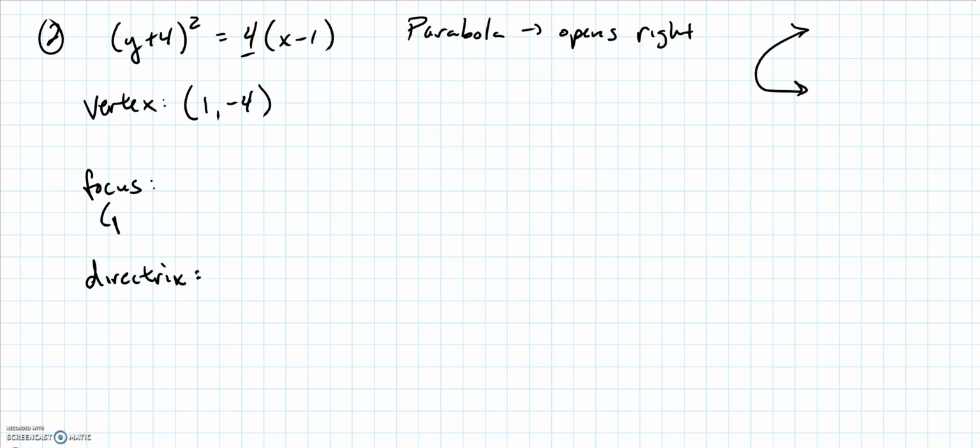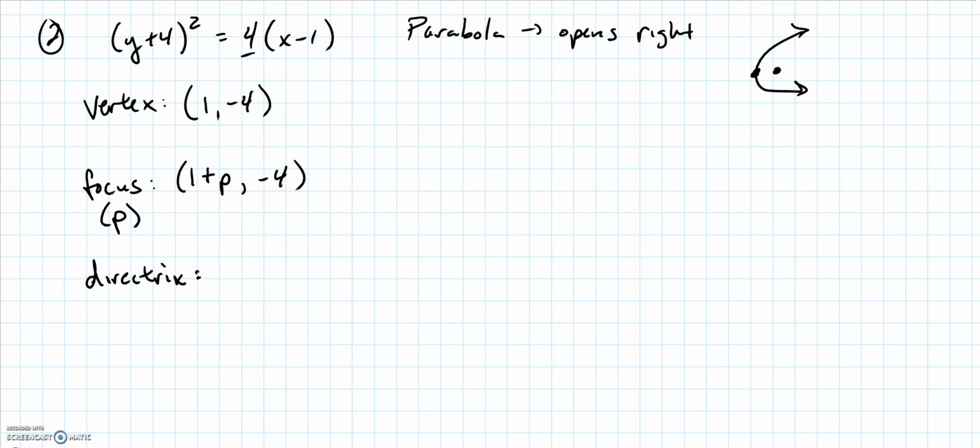The focus is p units away from the vertex, and since it's opening side to side, remember we have the vertex here, the focus is going to be inside, so we're moving along the x, so we're going to be adding p to this x value, so it's going to be 1 plus p, -4.